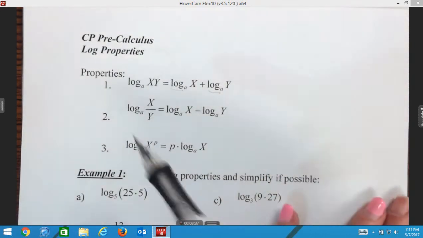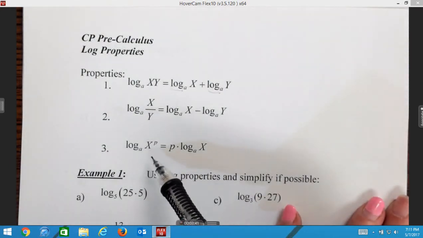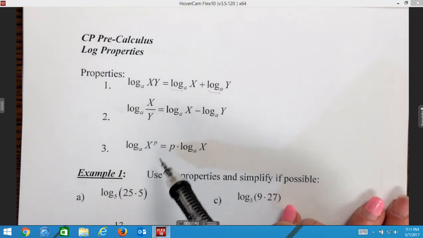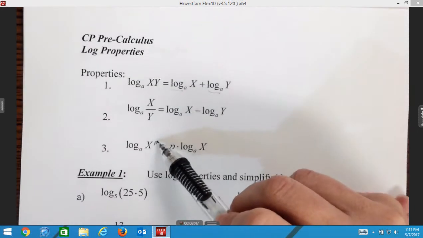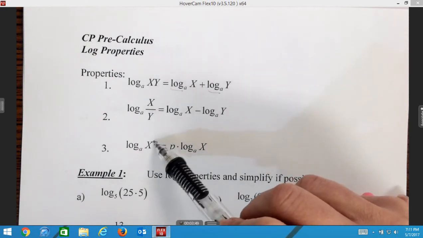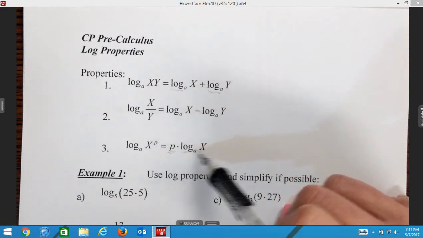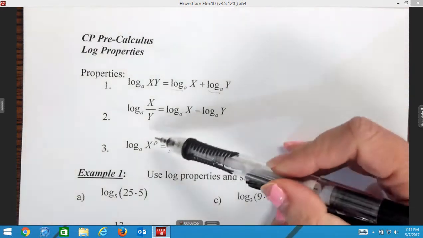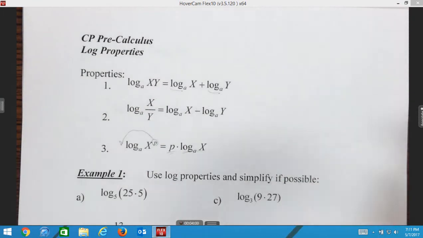And then our final rule would be when we're doing power to a power, when we take a number and we have an exponent and then we raise that exponent higher, then we multiply the exponents. So here we take this exponent for the log and we multiply that exponent by whatever the log of x is. So a lot of people will take this p and just put it out front.